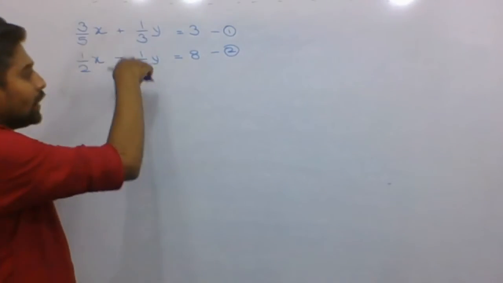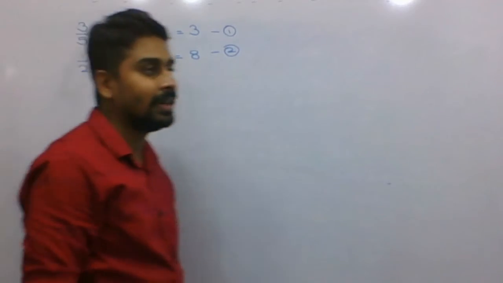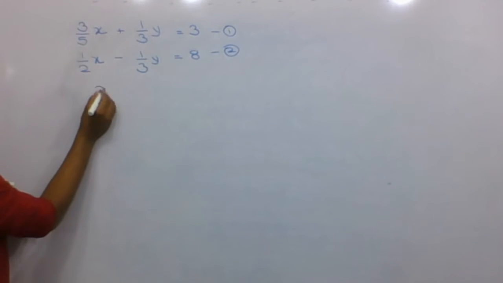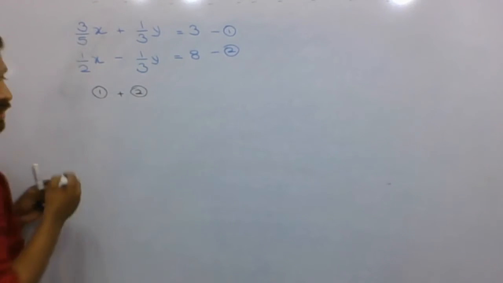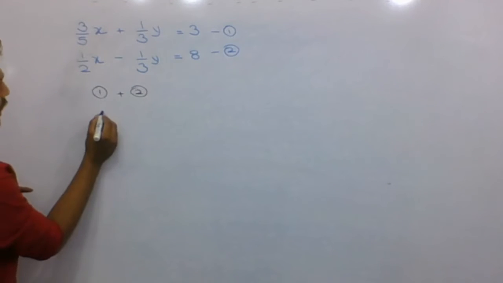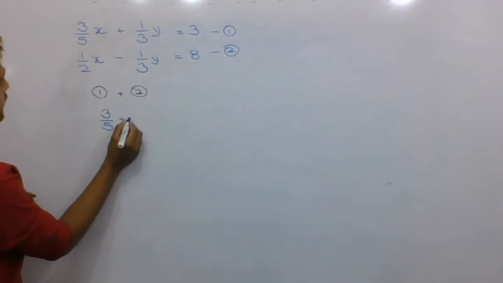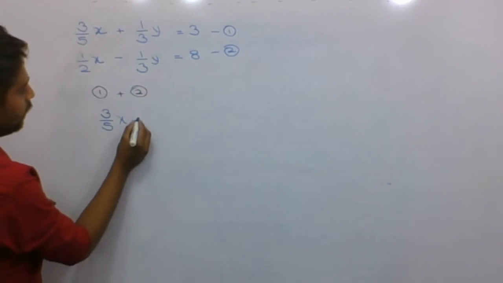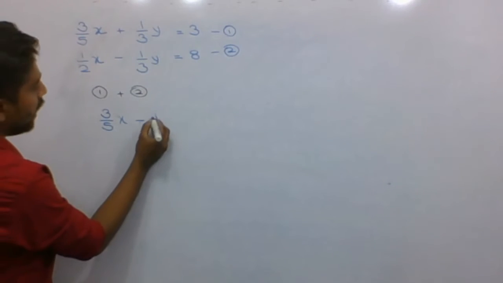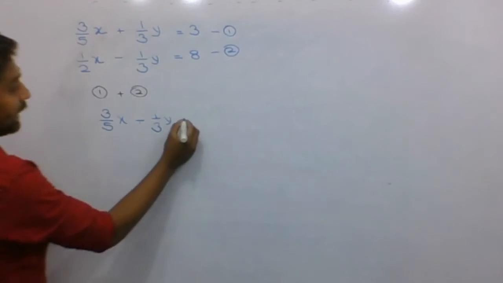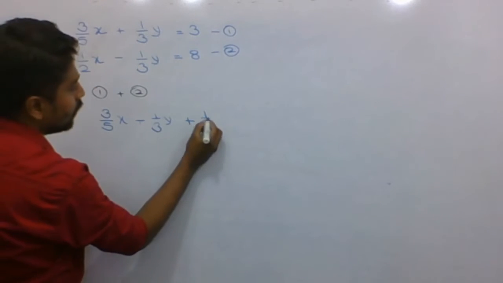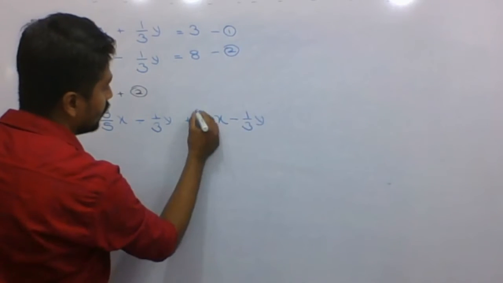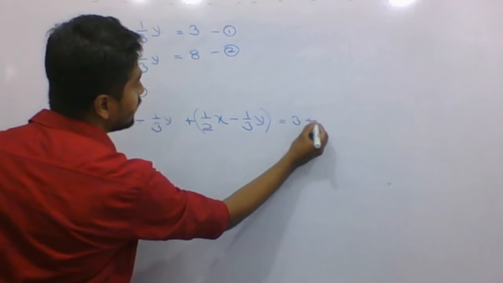To remove y, what am I doing? Since the signs of the two are different, we should add. So I will do 1 plus 2. 3 over 5x plus 1 over 3y, plus 1 over 2x minus 1 over 3y, equals 3 plus 8.